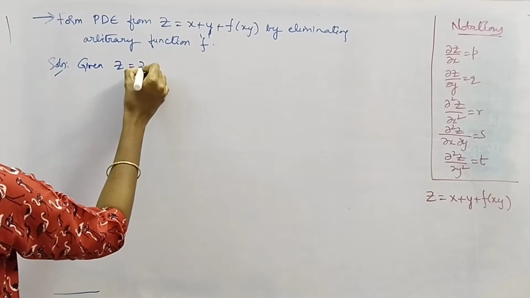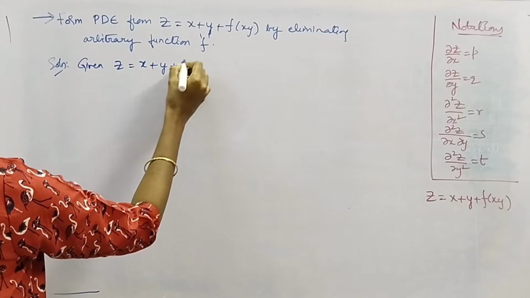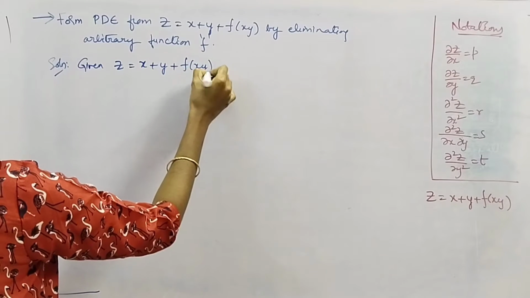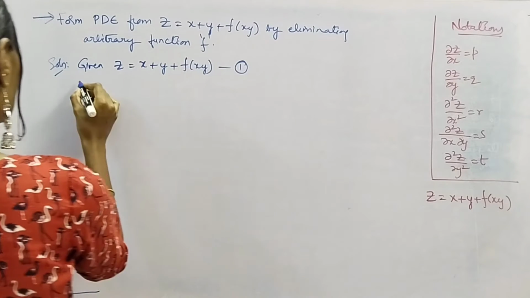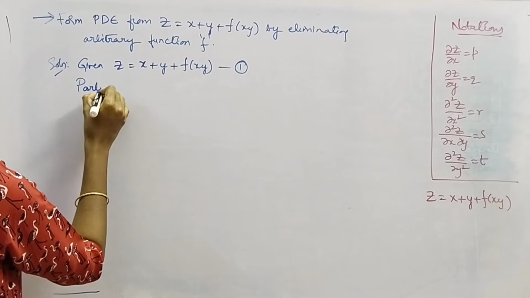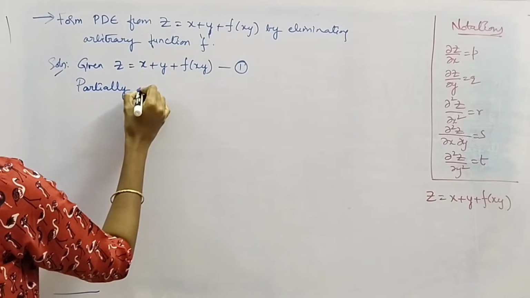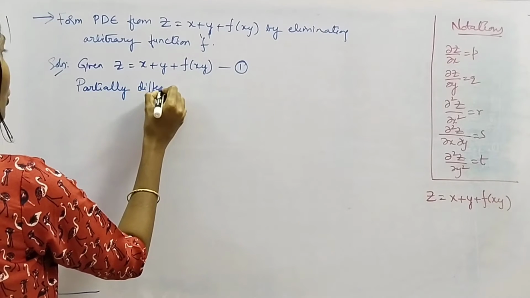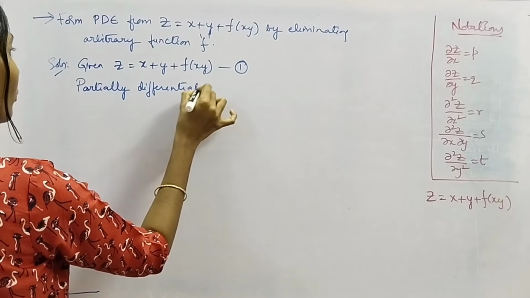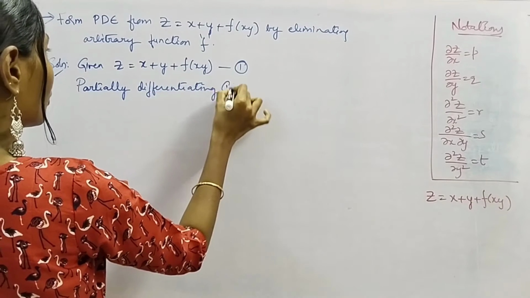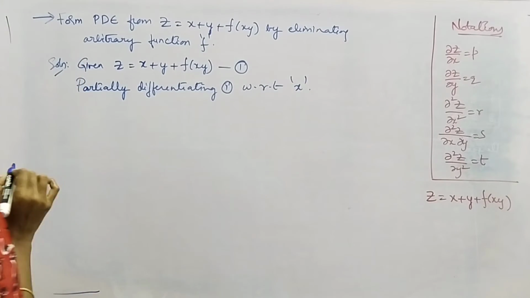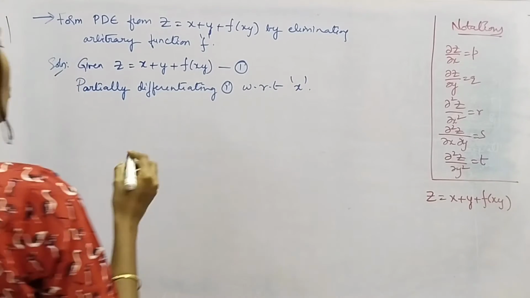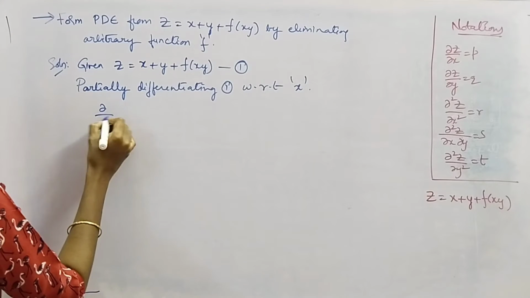Given z equal to x plus y plus f of xy, consider this as equation number 1. Now let's partially differentiate it with respect to x. Just apply dou by dou x on both sides of 1, or do it directly.